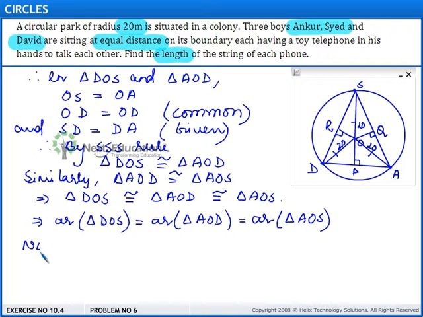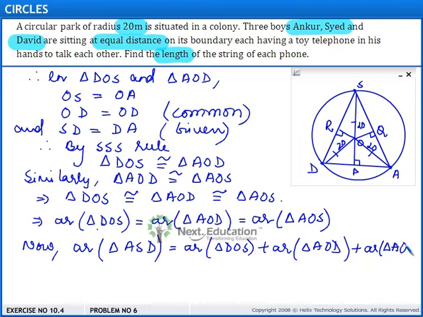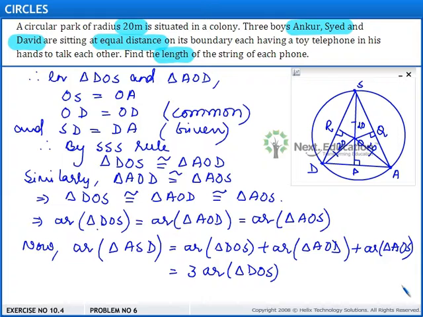Now, area of triangle ASD is the sum of areas of these three small triangles, that is area of triangle DOS plus area of triangle AOD plus area of triangle AOS. And this is equal to 3 times area of triangle DOS.